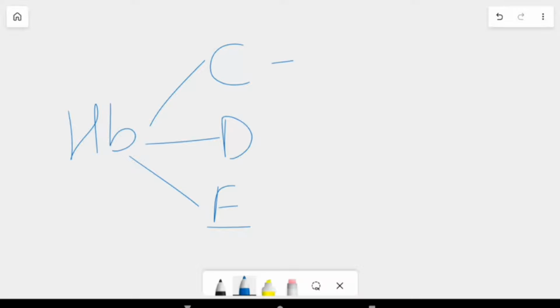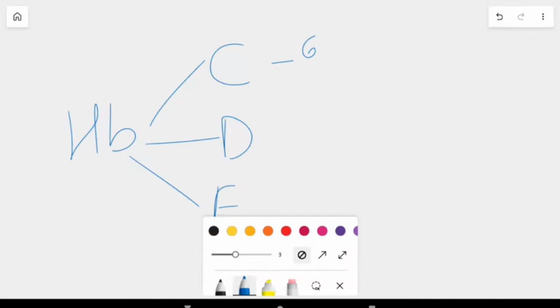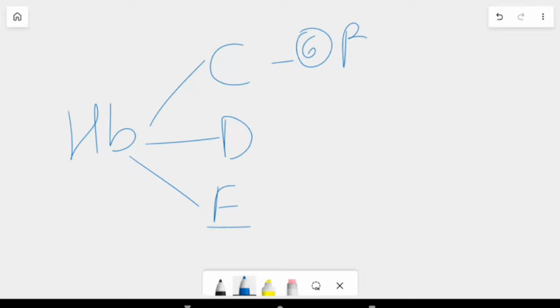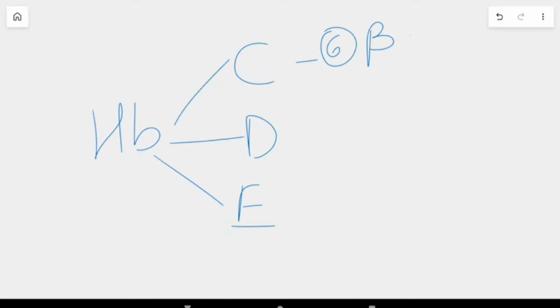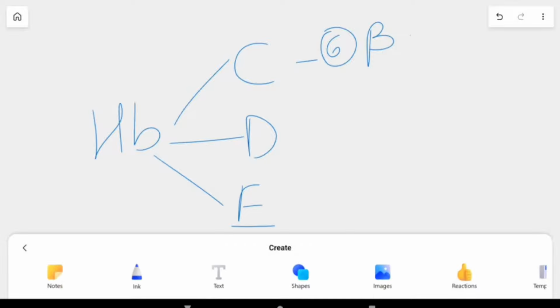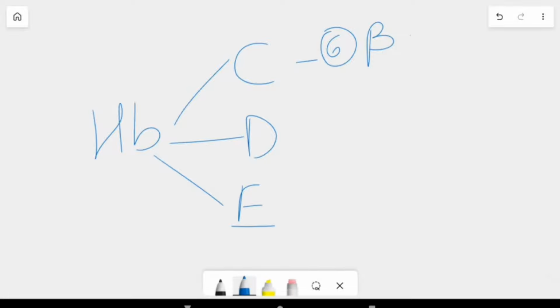What happens here is, at the 6th position in the beta chain, the glutamate is replaced by lysine. This condition shows the symptoms of mild hemolytic anemia. That's all we need to know about HbC. Then there is HbD.